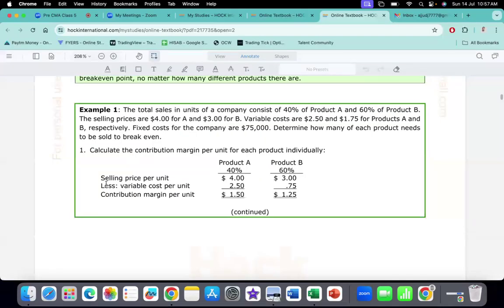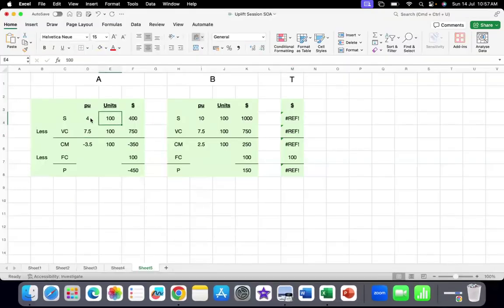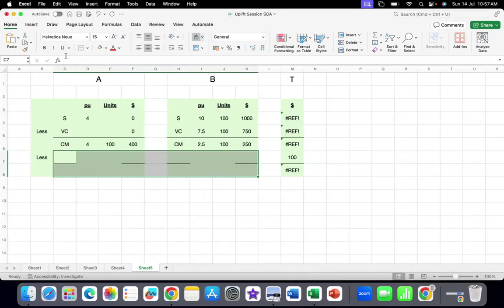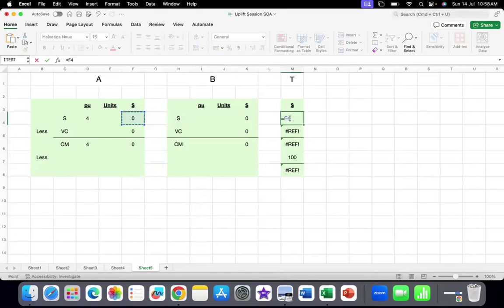So selling price per unit is 4. Let me just put it as 4. And for the fixed cost, you don't want it calculated for everything because it is a common cost. Fixed cost is a common cost. You only want it in total, and this total would always be your value.